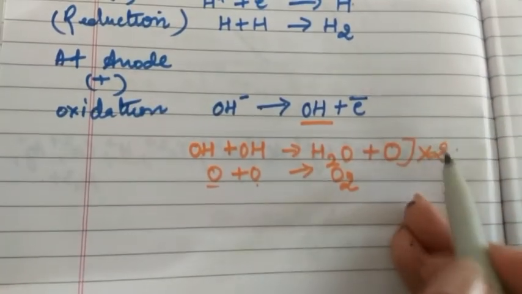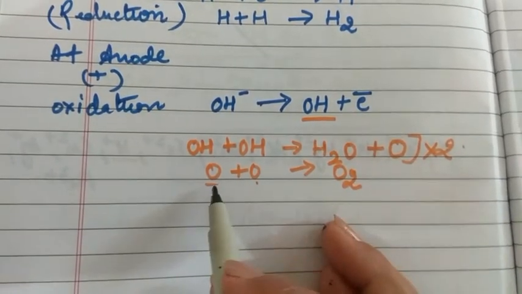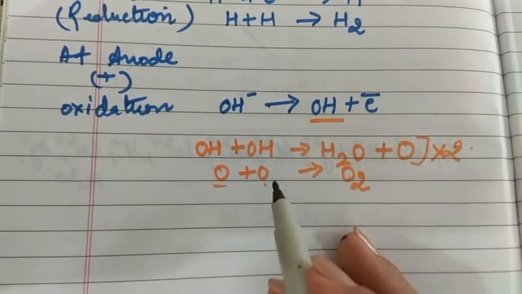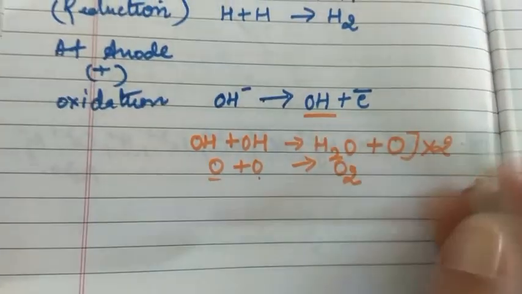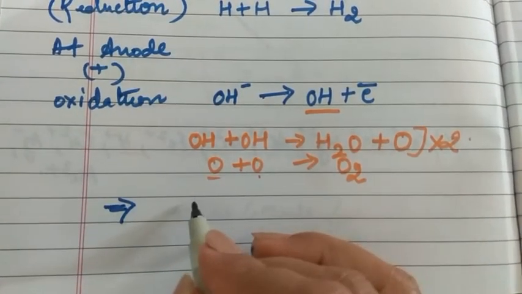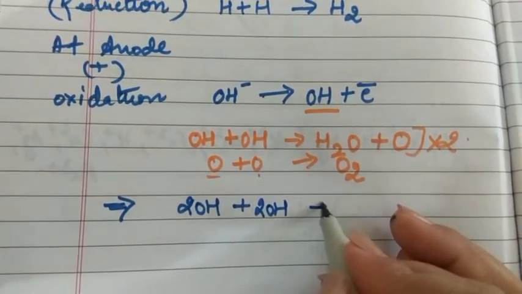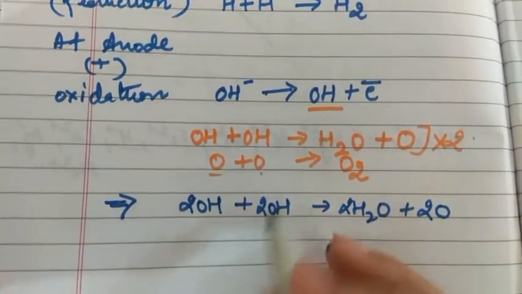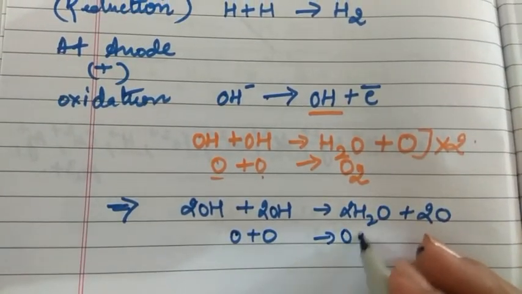If there are the same species on left hand side and right hand side, then make them equal so that they will cancel out. Multiplying by 2, 2OH plus 2OH will give 2H2O plus 2O, and here it is also 2O. O plus O will give O2.